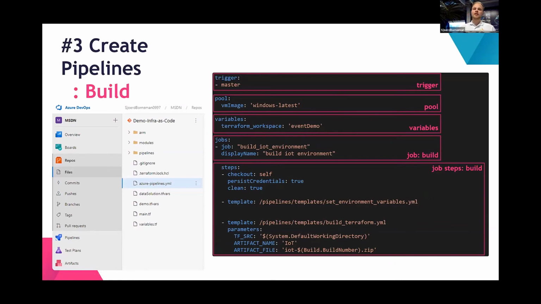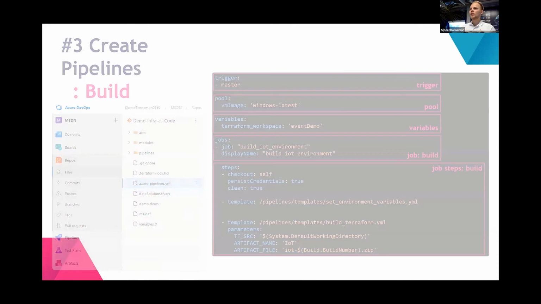As you can remember, in the beginning of the setup of your Terraform solution, you have to assign some environment variables to make the authentication to Azure. So I'm going to do that by running this template. And after that, I'm going to run the build Terraform template, which contains some validation and tests that I want to do over my Terraform solution.